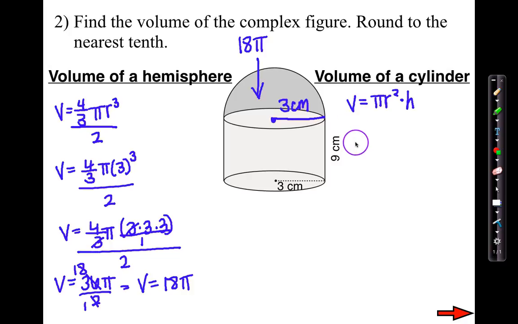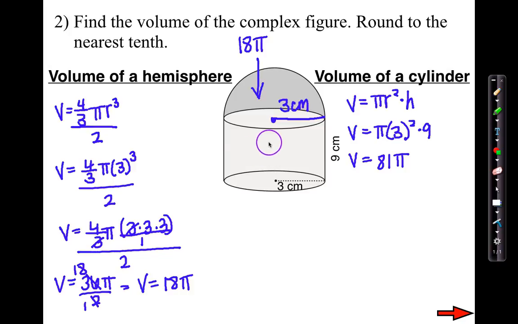Okay, so let's plug in our numbers. The volume equals pi r squared. The radius is 3, so I'm going to put 3 squared times the height, which is 9. So that leaves me with the volume is, well, 3 times 3 is 9. 9 times 9 is 81, so we have 81 pi.